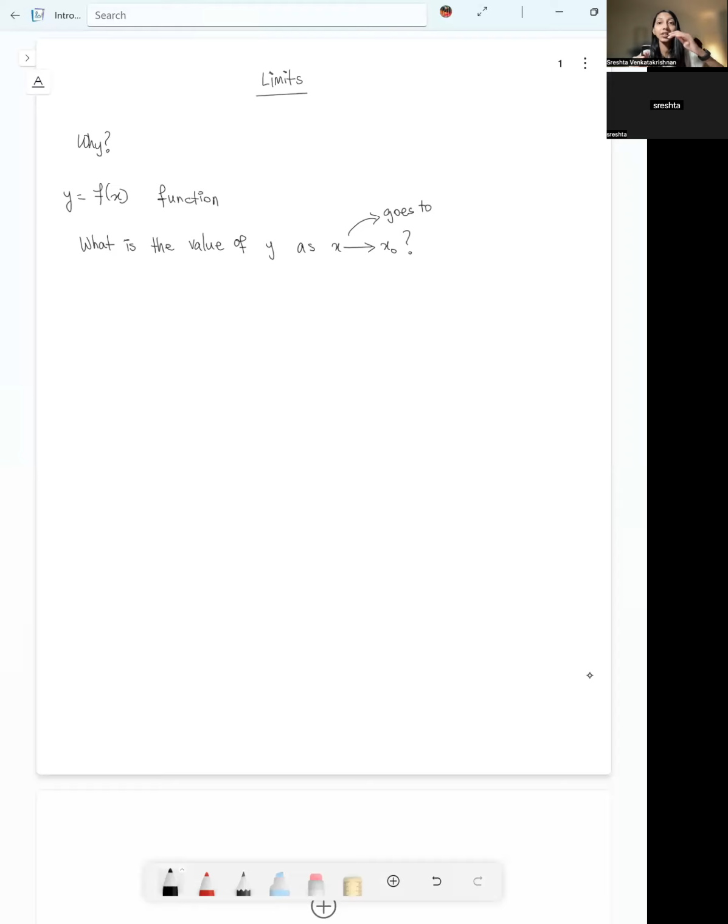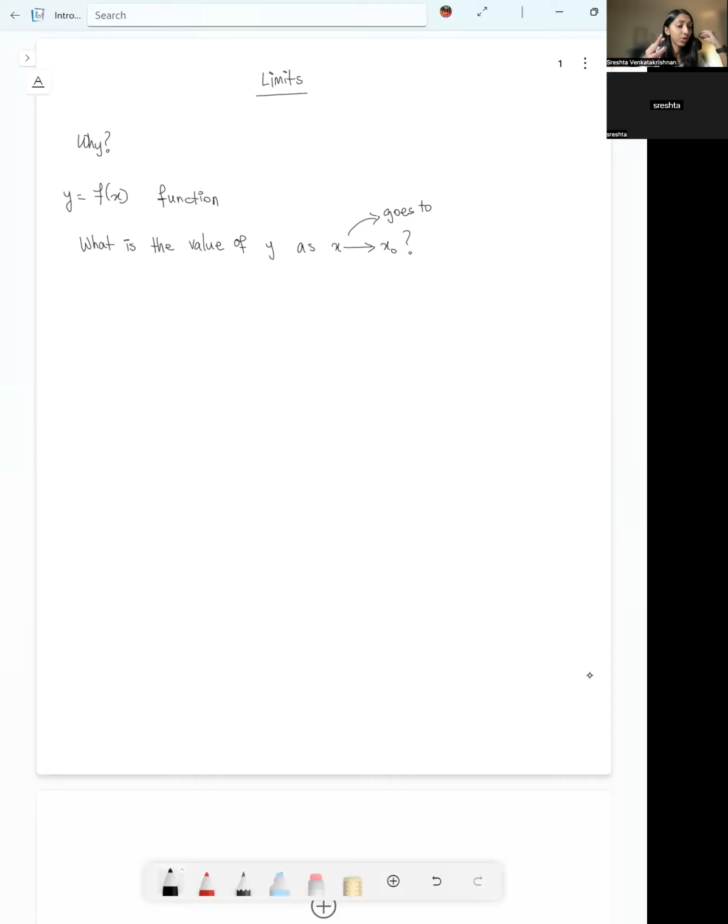And you keep doing this, going further and further until you're so close to x0 that you're almost there. You're not exactly at x0. Going back to the weight of the ball example, you don't know the exact weight of the ball, but you're almost there, right?